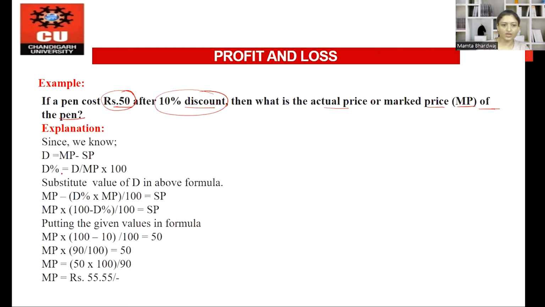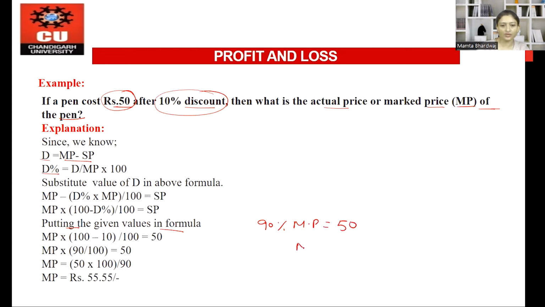If we use the formula here, discount is the difference between the marked price and the selling price, and discount percent is discount upon marked price into 100. As 10% discount is given, 100 minus 10 gives us 90%, and 90% of the marked price will be equal to 50.